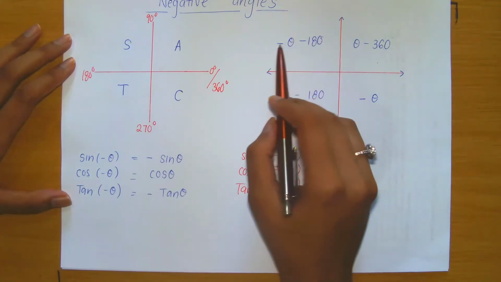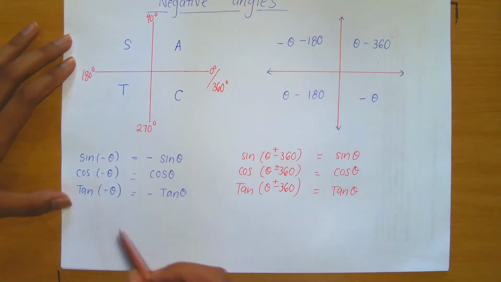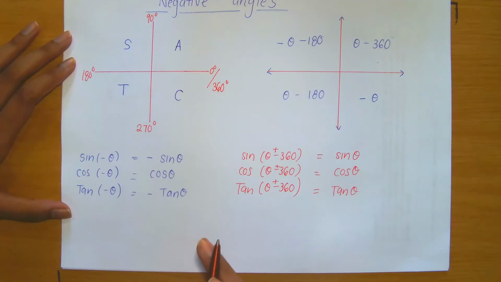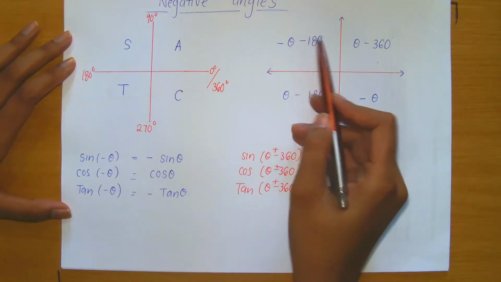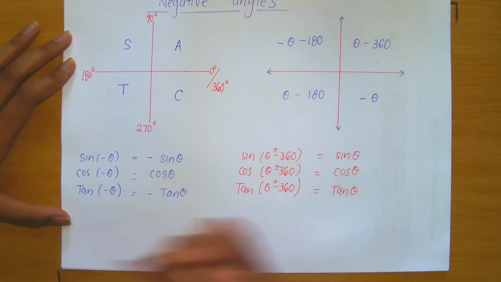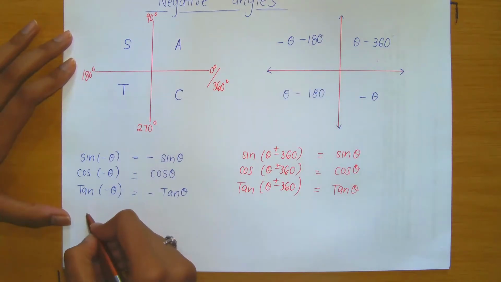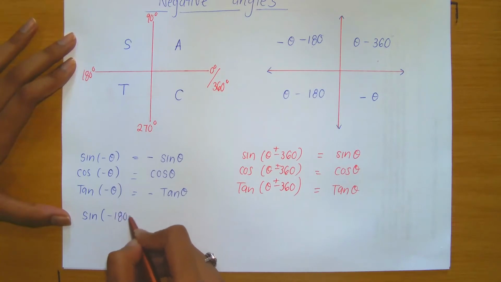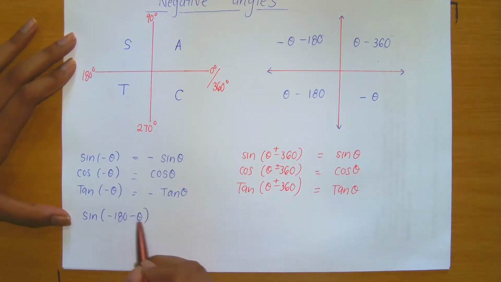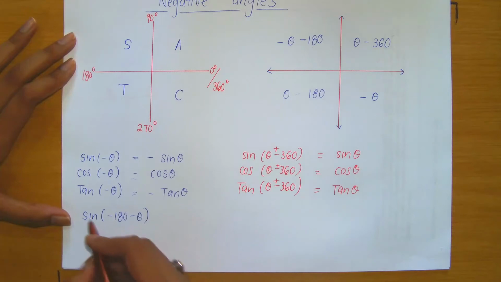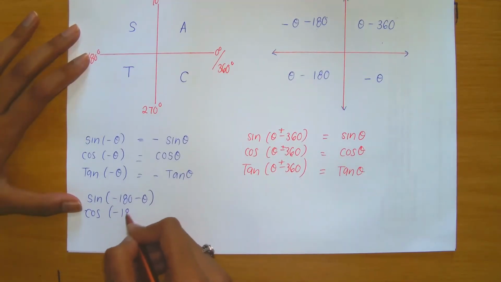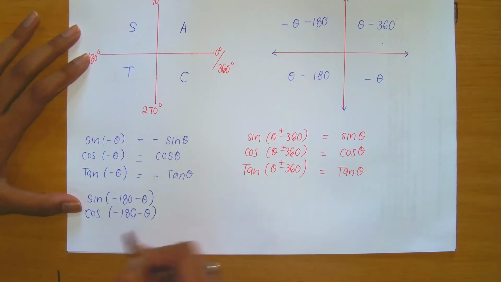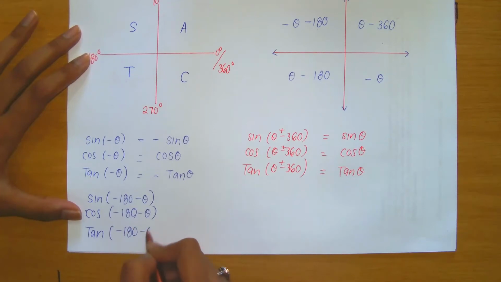So let me now deal with negative 180 minus theta. Right, so I can just rewrite that as minus 180 minus theta instead. So it's fine to rewrite by swapping. So this becomes sine of negative 180 minus theta, cos of minus 180 minus theta, and tan of minus 180 minus theta.